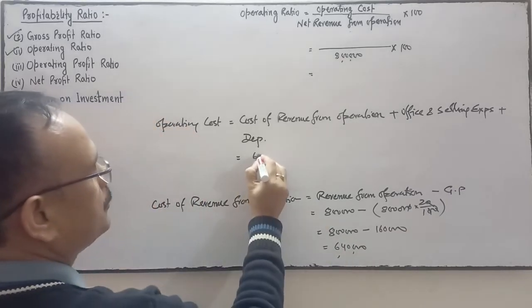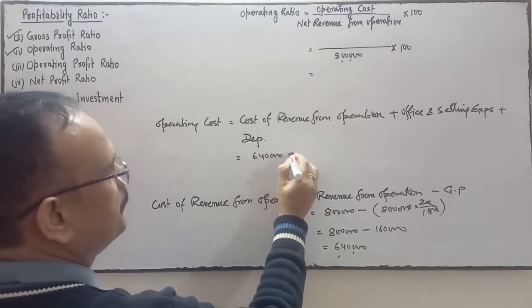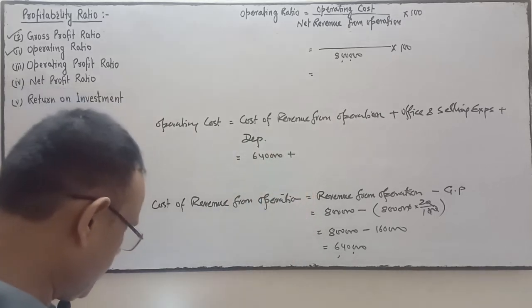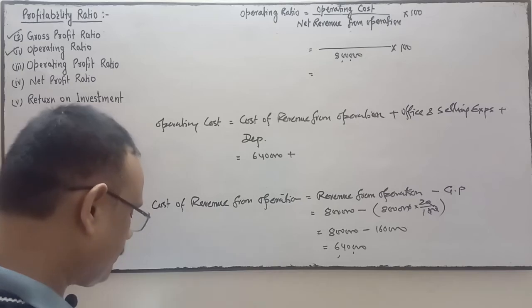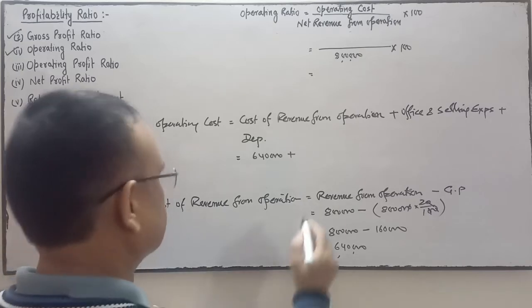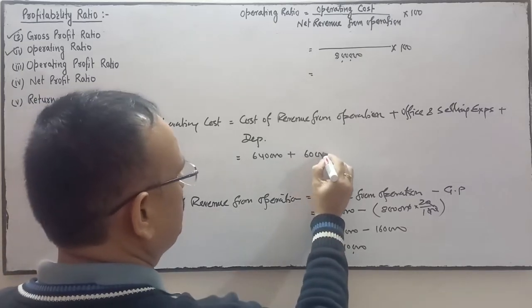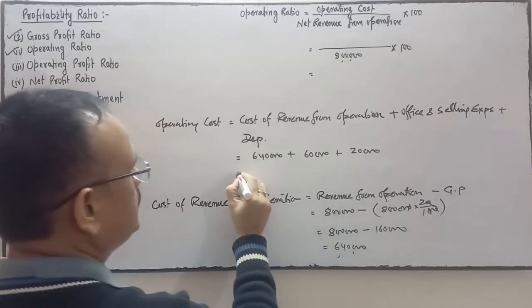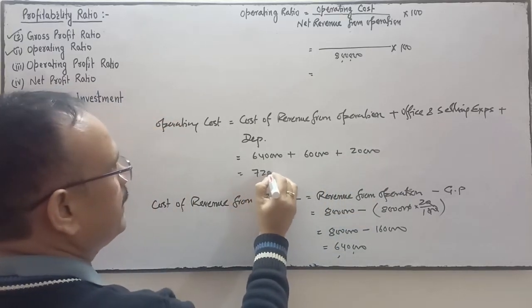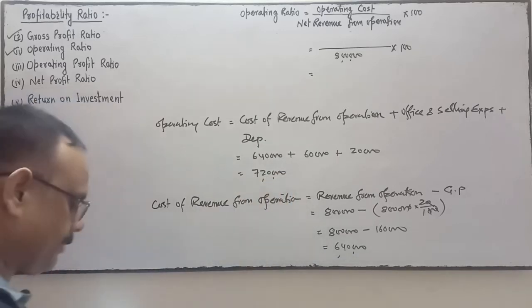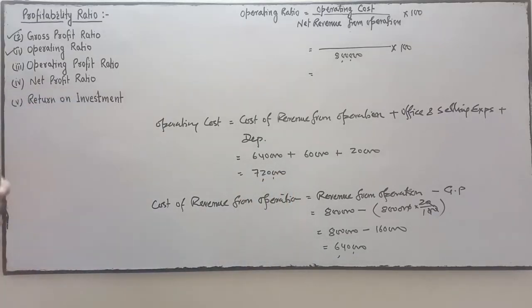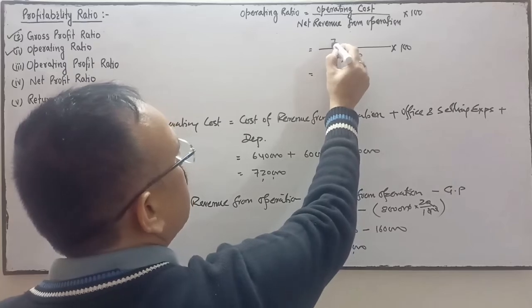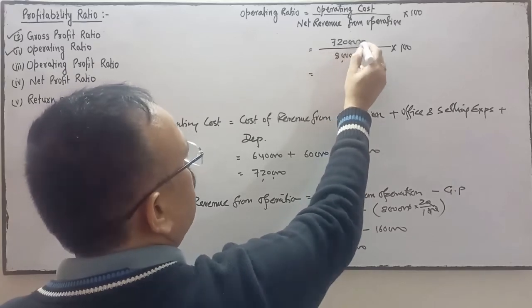So you write it, cost of revenue from operation 6,40,000 plus office and administrative expense 60,000 plus depreciation 20,000. So it is 7,20,000. Okay, so 7,20,000 is the operating cost.